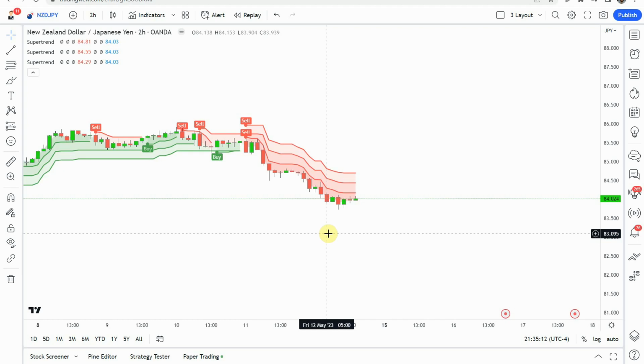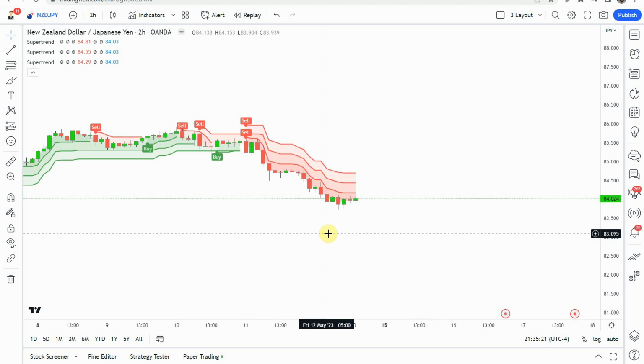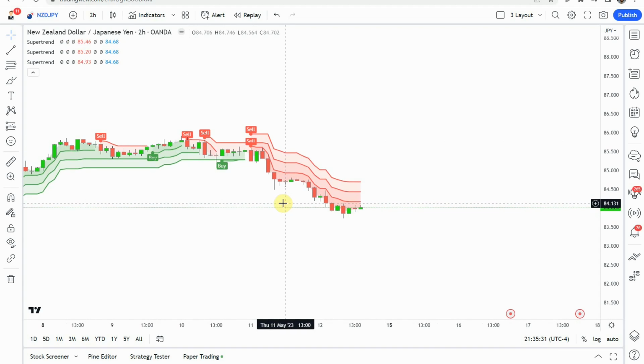Now, the take profit and stop on this was a little interesting. It wasn't a set take profit and stop like sometimes we have, such as a 1 to 1.5. It was more of a dynamic take profit and stop according to what the Supertrend indicators were doing. So it's definitely not a horrible strategy. I just don't think it's going to be highly profitable.